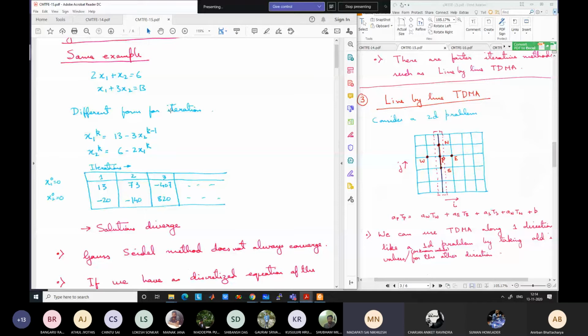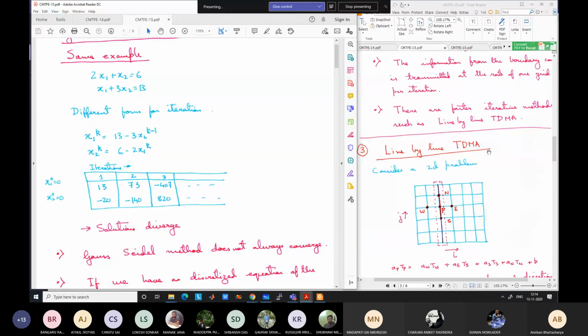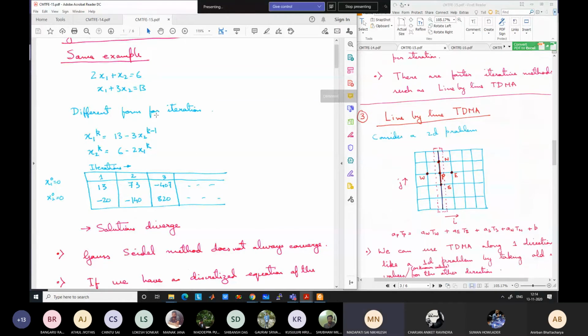Correct. Physically, it is that. So even if you take a very unrealistic value, say I start with x1 equal to 1000, x2 equal to 1000, but the Scarborough criteria is satisfied, like we have seen in the previous class, right? Yes, sir. It will still go towards the correct solution because in each iteration you are changing by a small fraction.